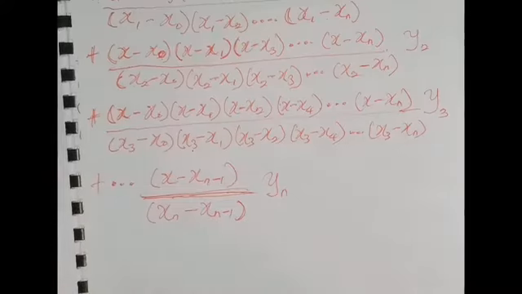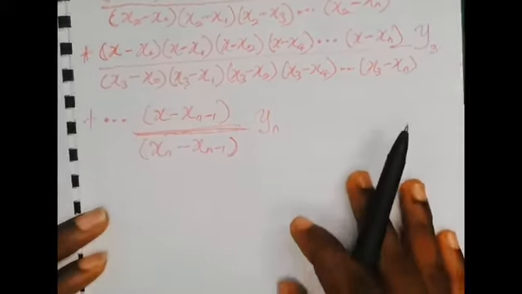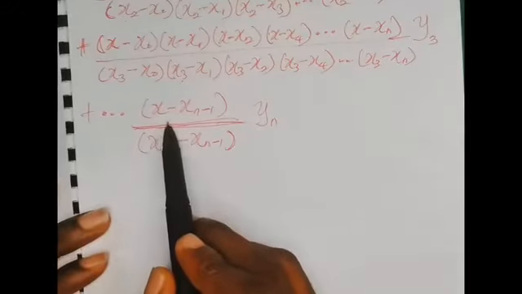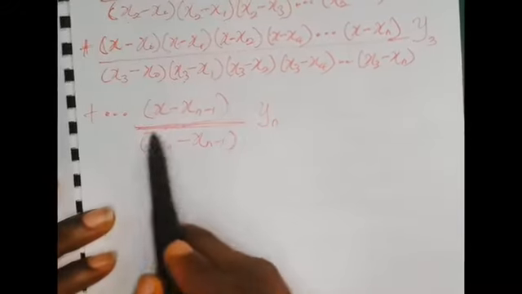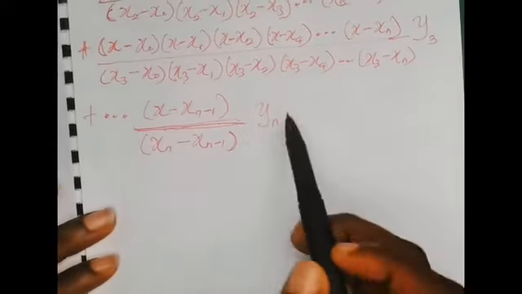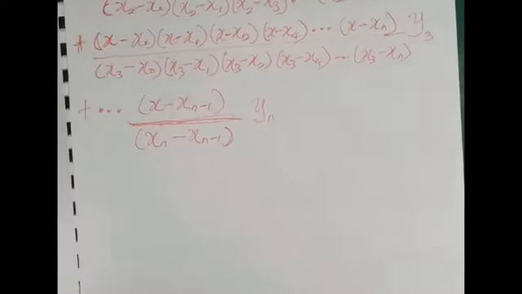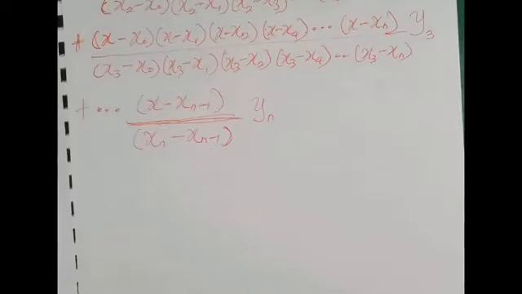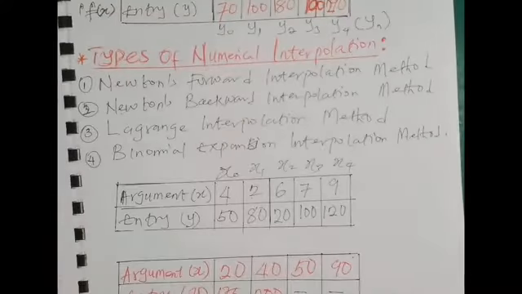So the formula continues like that. Okay, it continues up to what? X minus xn minus 1 over xn minus xn minus 1 multiplied by yn, and it continues like that.